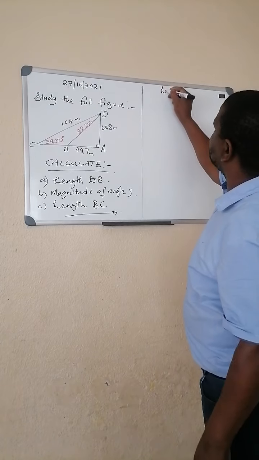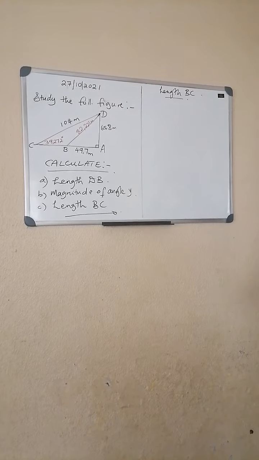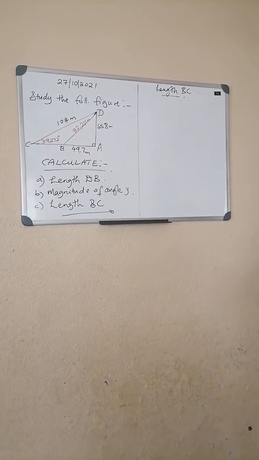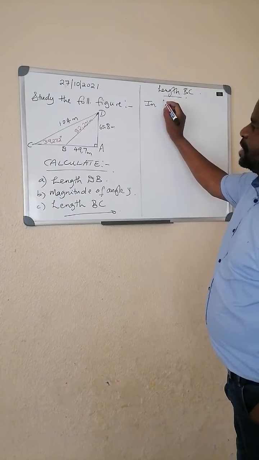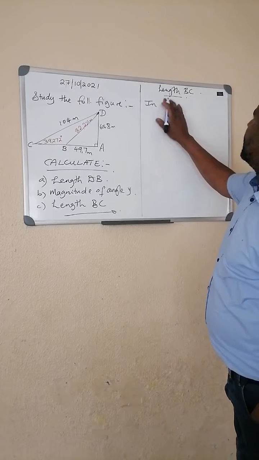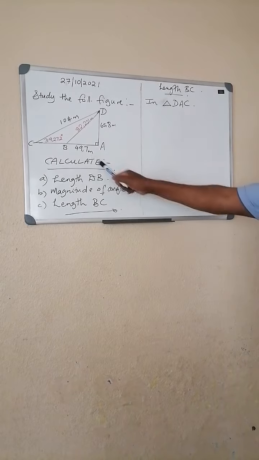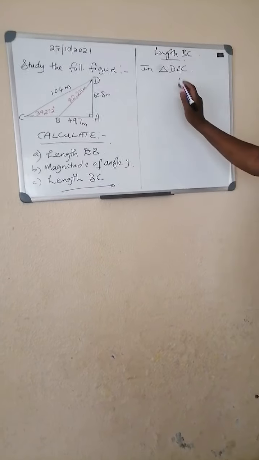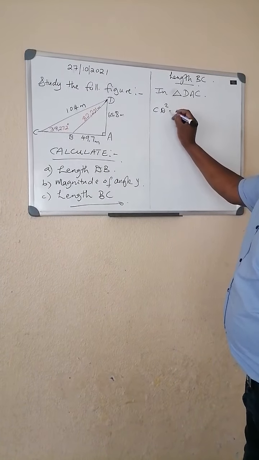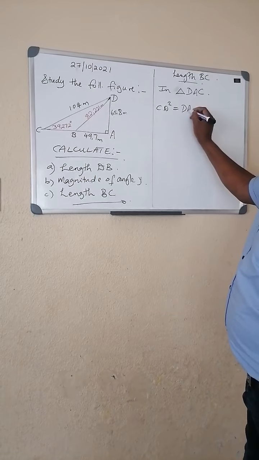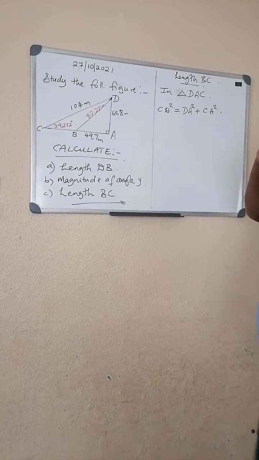For length BC, we will still take the big triangle DAC. Now in triangle DAC, I've got CD squared, same as DA squared plus CA squared.